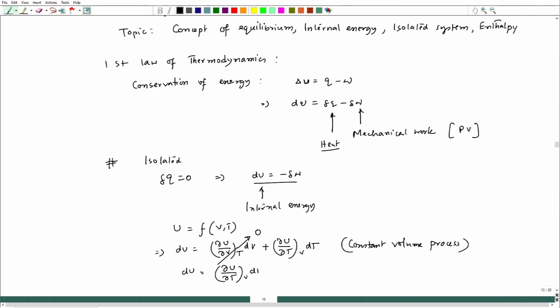And we have seen that dU equal to del Q minus del W. Since we have taken only mechanical work, this goes to 0 for a constant volume process. So dU equal to del Q, and since it is a constant volume, I can write a small subscript V which indicates a constant volume process.